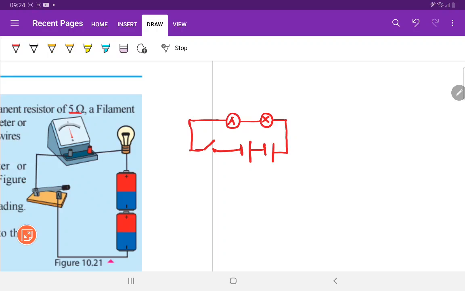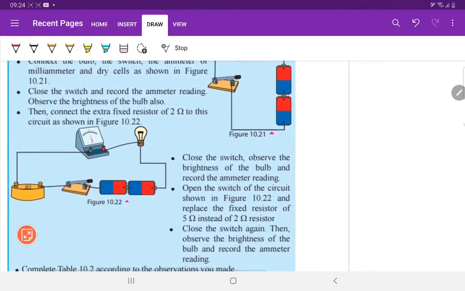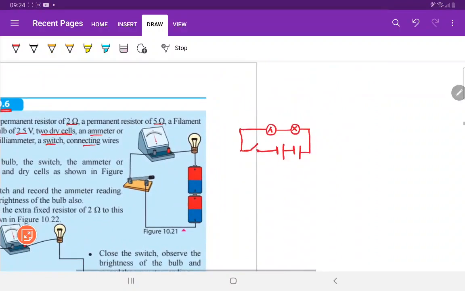Okay, this is figure 10.21, and figure 10.22 is like this.